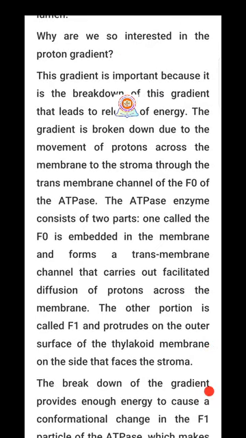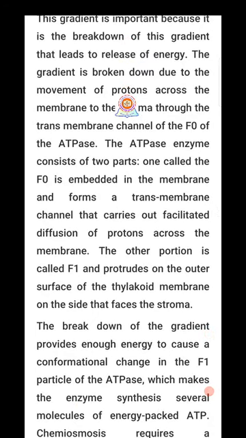The ATPase enzyme consists of two parts. One, called F0, is embedded in the membrane and forms a transmembrane channel that carries out facilitated diffusion of protons across the membrane.